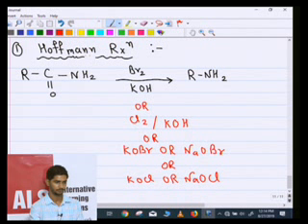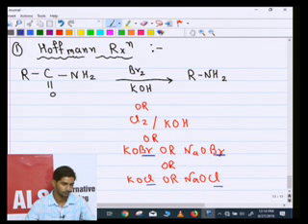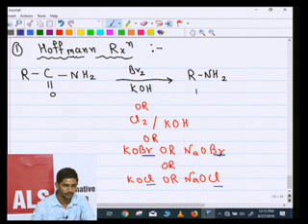Ultimately this is the halogen where you have to focus. Okay guys, so this is the product. We get 1 degree amine from this. This is 1 degree amine.